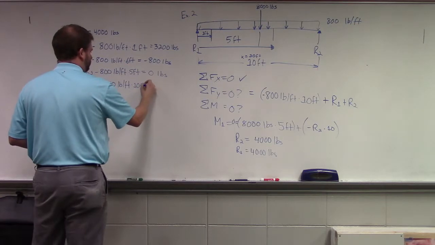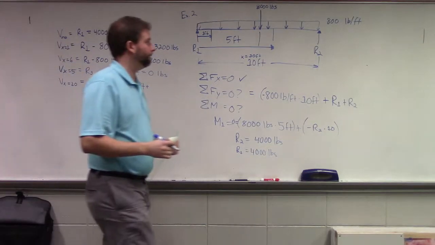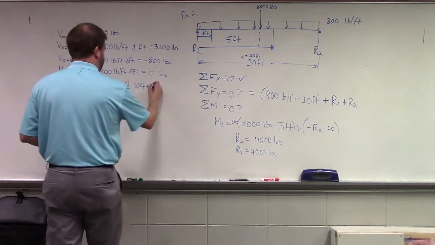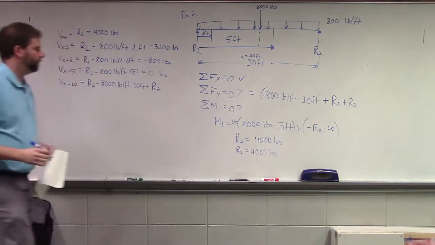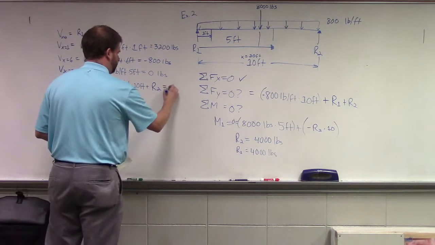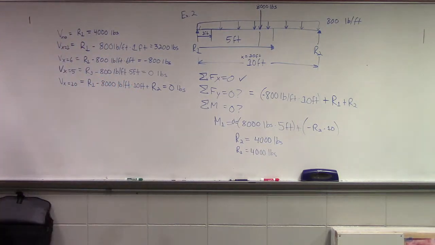What else would we have? We'd have R2 as well, right? It goes plus R2 at the end. Okay. So we get 0 at the end.